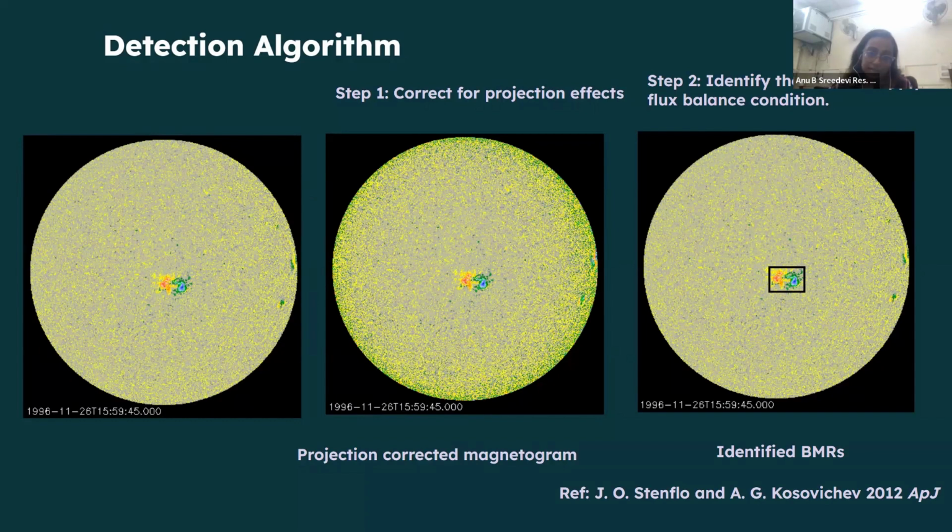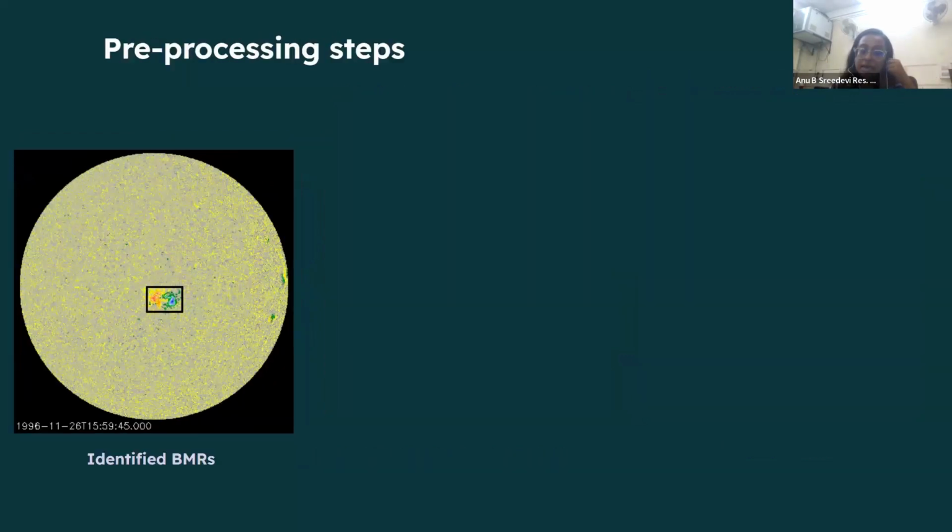they satisfy the flux balance condition, by which I mean that I will only consider it a bipolar BMR if both the fluxes, the positive and negative flux, are almost balanced. Then only I consider it as a BMR. So if I am identifying it as a BMR, then I draw a box around it and just move. Now we are not yet ready for tracking.